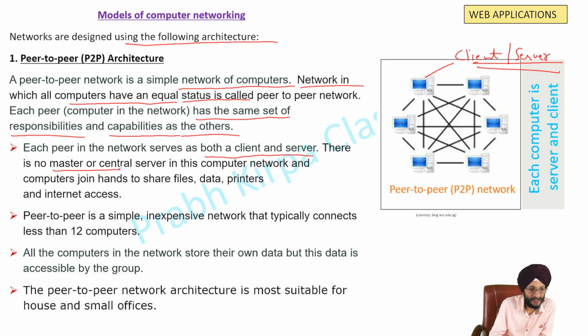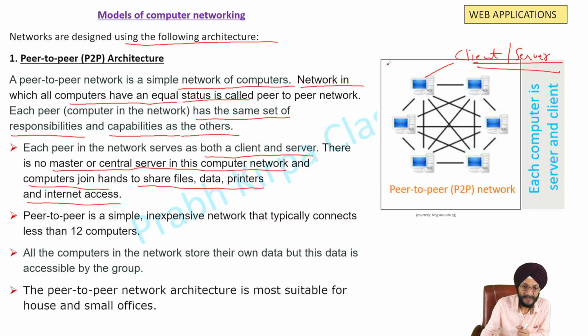There is no master or central server in this computer network, and all the computers join hands. You can see that all the computers are connected to one another. Why are they connected? To share files, data, printers and internet access. It means that one internet connection may be sufficient to provide internet access to all these computers.